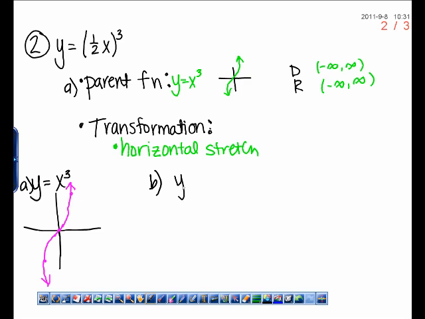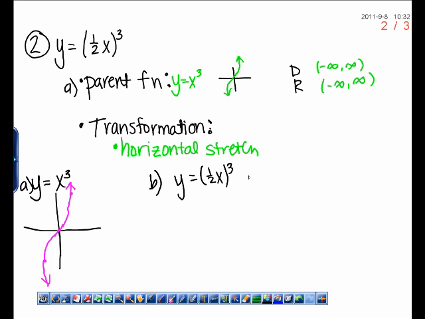So now I'm going to graph y equals 1/2 x cubed. Okay, a horizontal stretch by 2. Now when I say horizontal, are we going to be manipulating the x values or the y values? The x values, okay? So I'm going to be manipulating the x values.